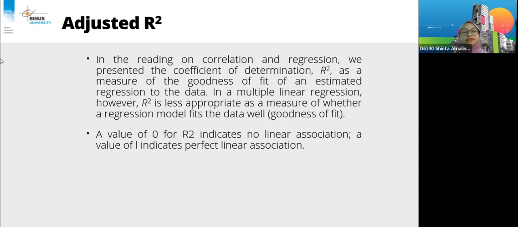But this is very hard, almost not happening. But let's say you have a result of 0.90, then it means 90% of the dependent variable can be explained by the independent variables. And this is a very good result.